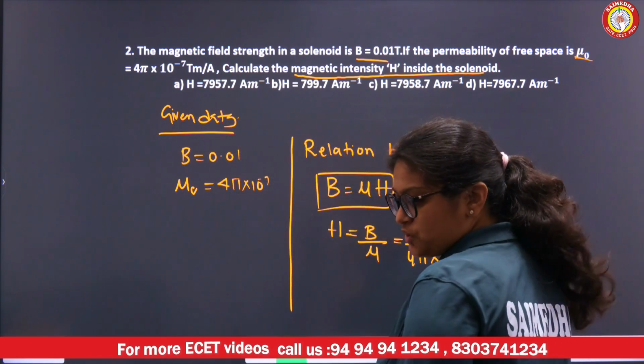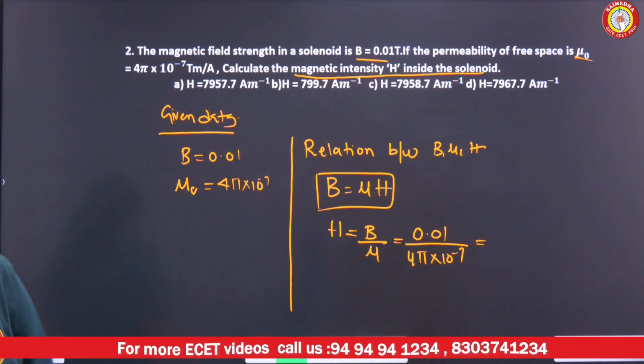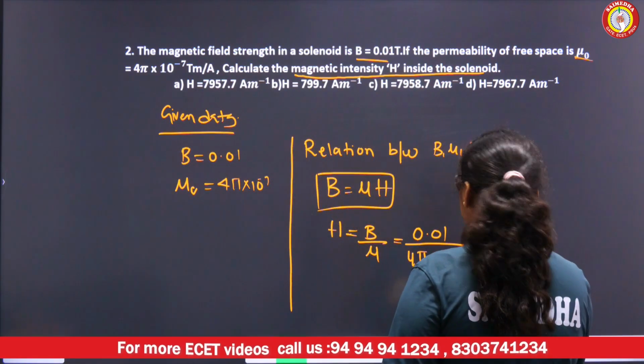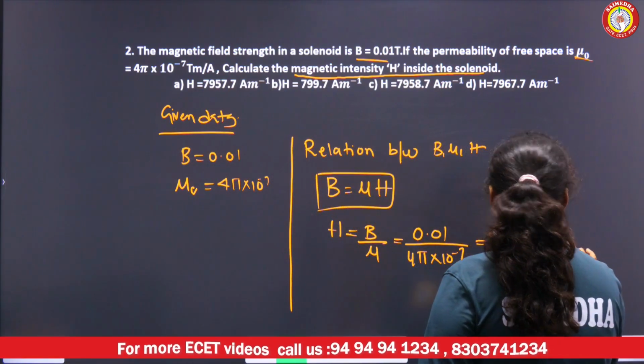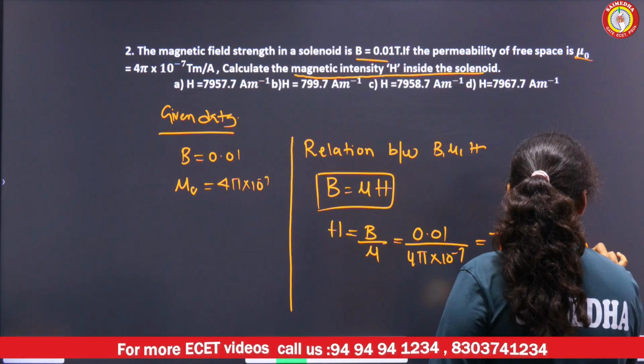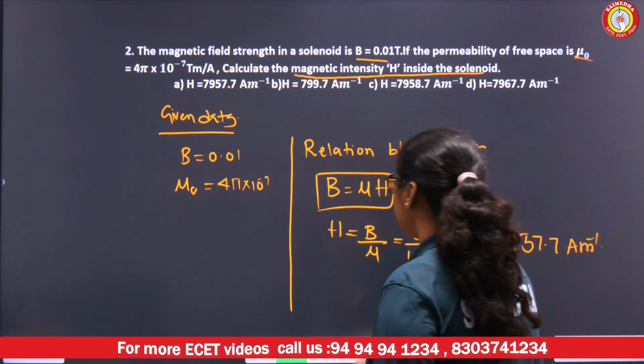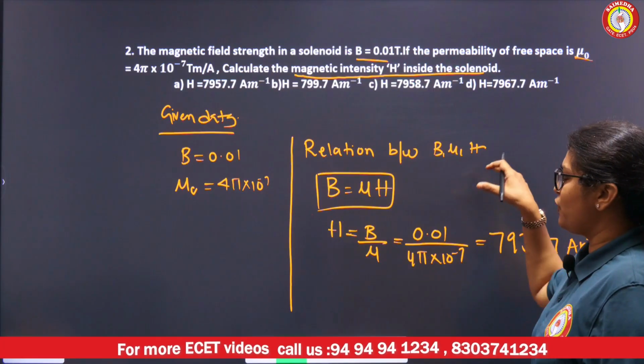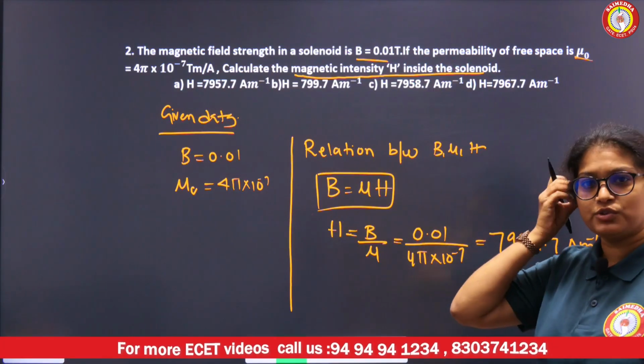You do the calculation, definitely you will get 7957.7 ampere meter inverse.